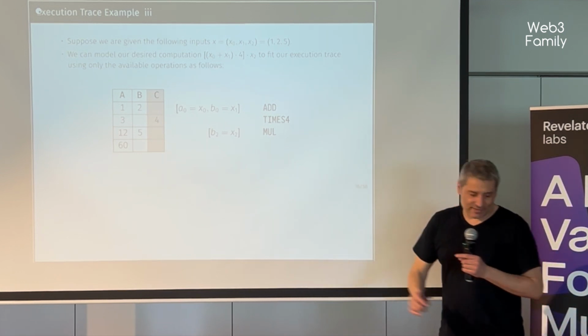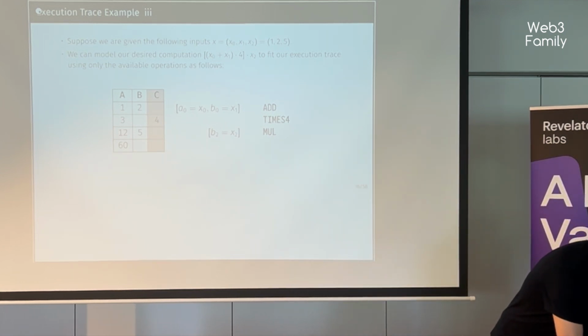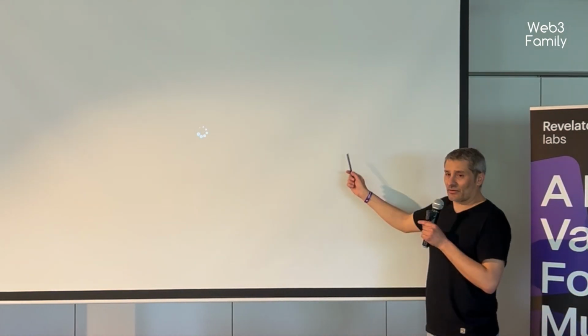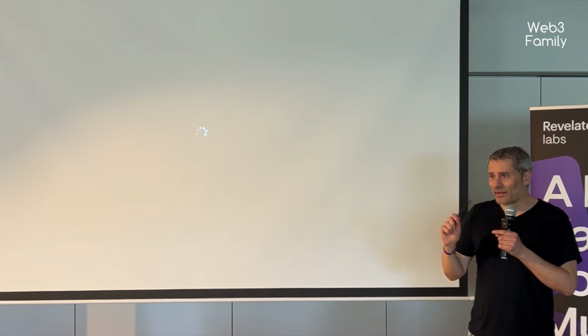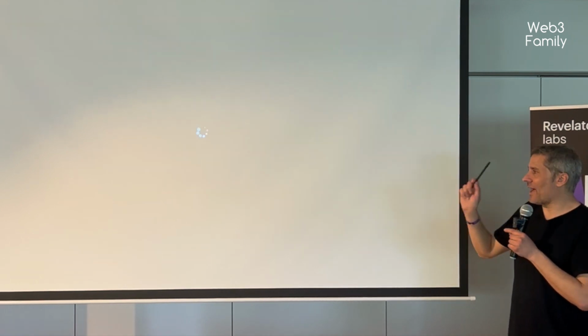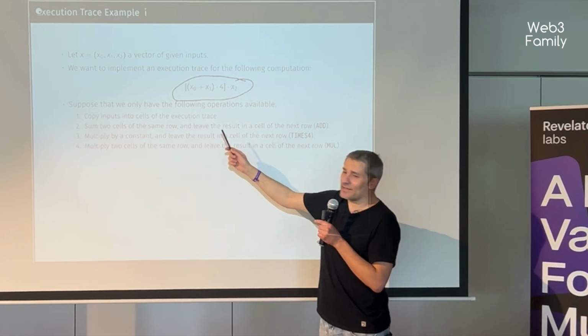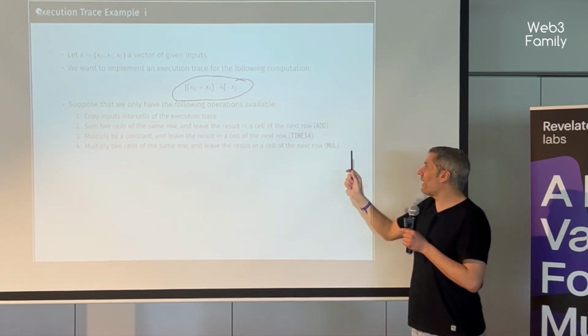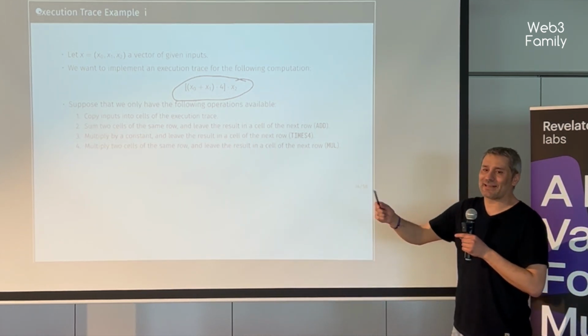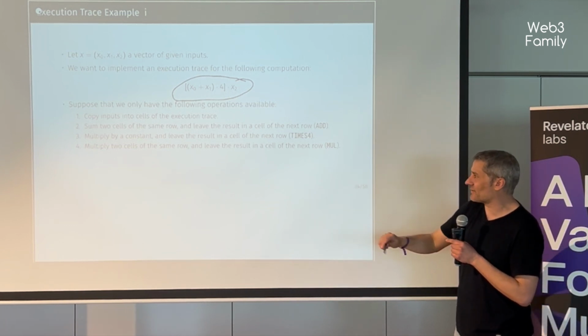By the way, I see that I didn't describe the instructions with enough detail. The add instruction will add 2 cells in the same row, and then leave the result in a cell in the next row.